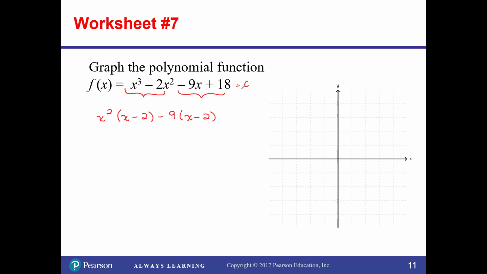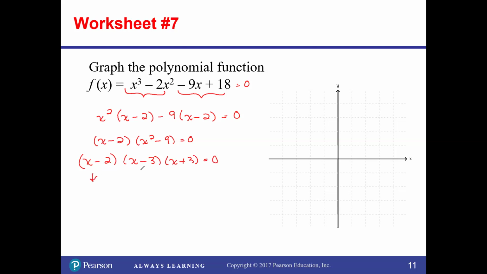And remember, this has to equal 0, so this factoring actually makes some sort of sense. Factor out the x minus 2, and I'm left with x squared minus 9. So we're going to get x minus 2, and then difference of squares, so we get x minus 3, x plus 3.